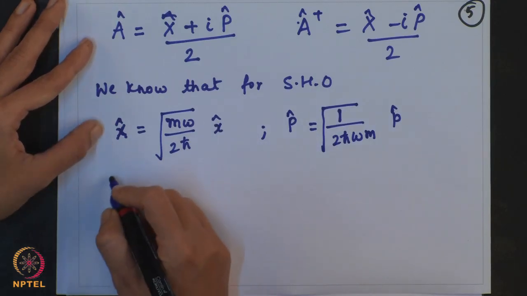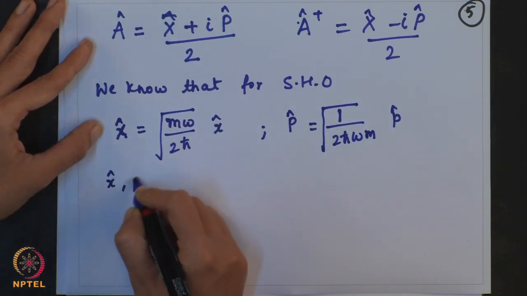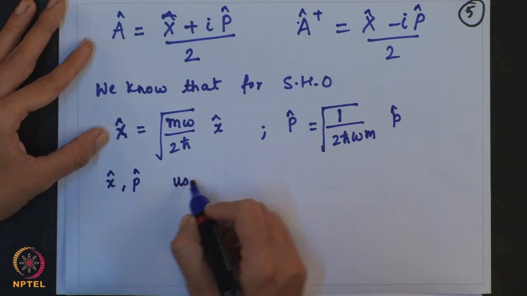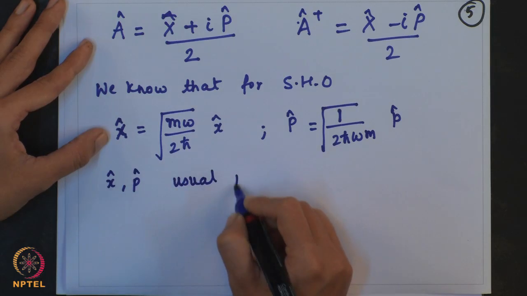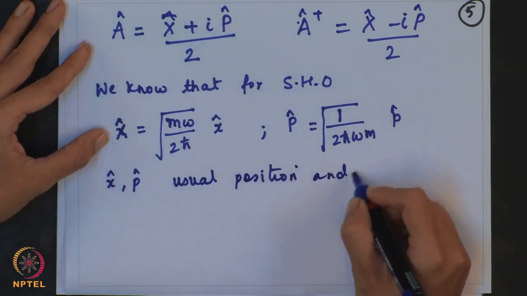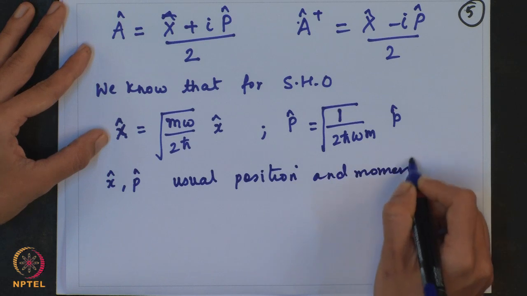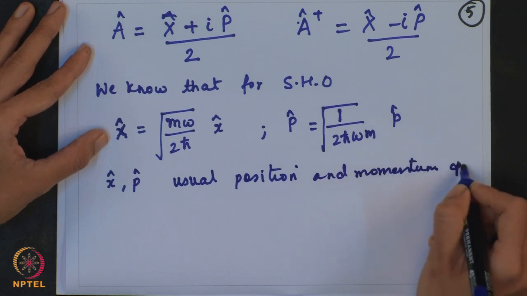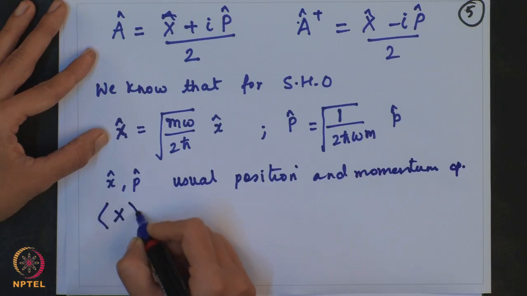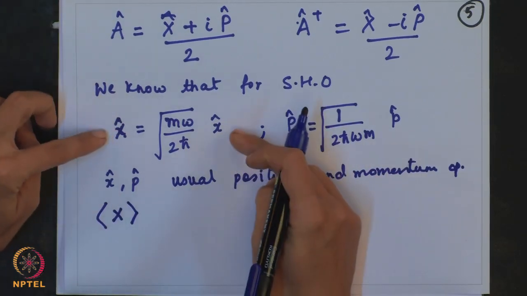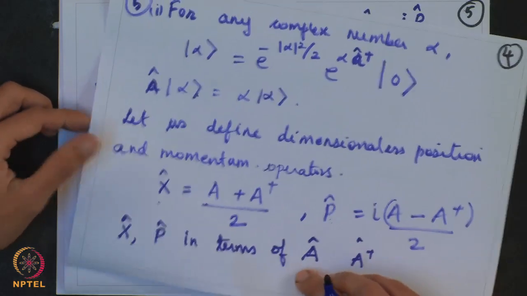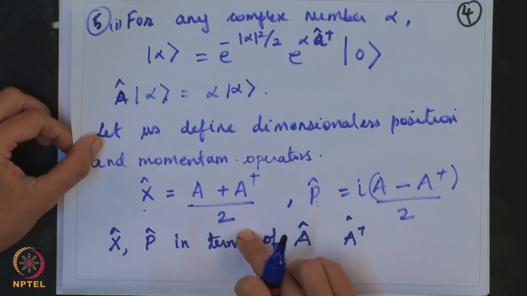And remember, x and p are our regular or usual position and momentum operators, right. So, it is now easy to evaluate what is x. This is what we are going to evaluate. X we had defined as A plus A dagger by 2.